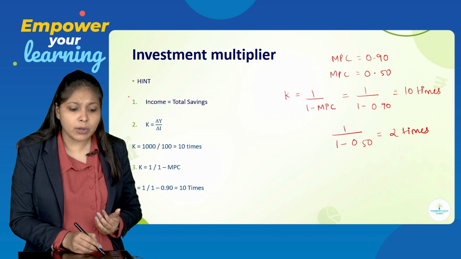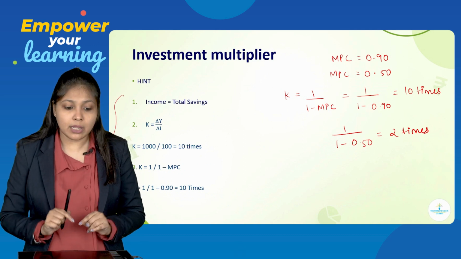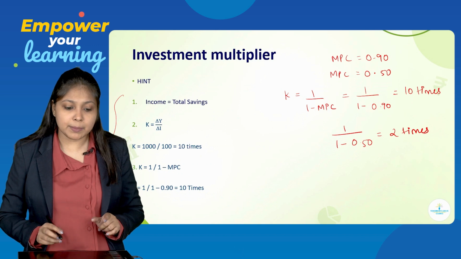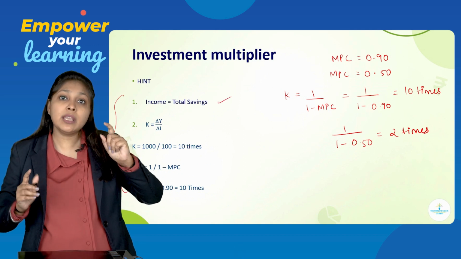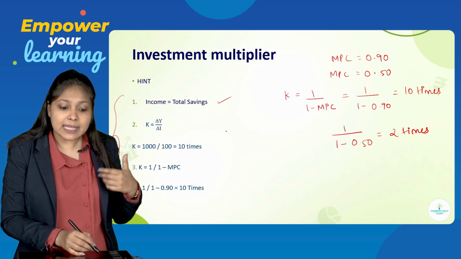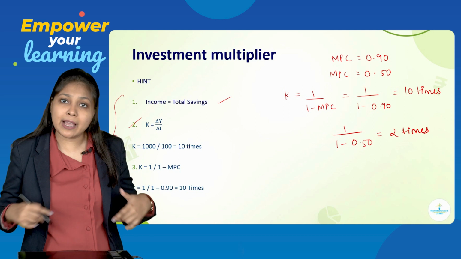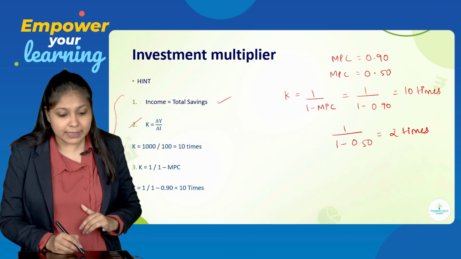So these are the small tricks or hints which you have to remember while making the table of investment multiplier. First, always remember that whatever income you are showing should be equal to the savings plus consumption, so you get the column of savings. Second, you have to find out by how many times you are going to show it. So change in Y upon change in I is 10 times.